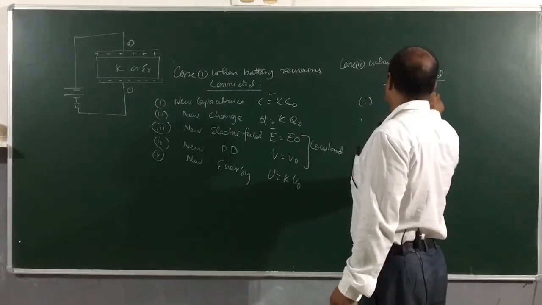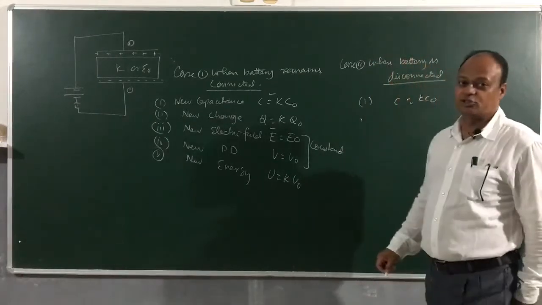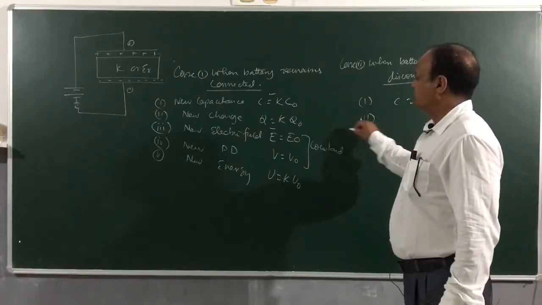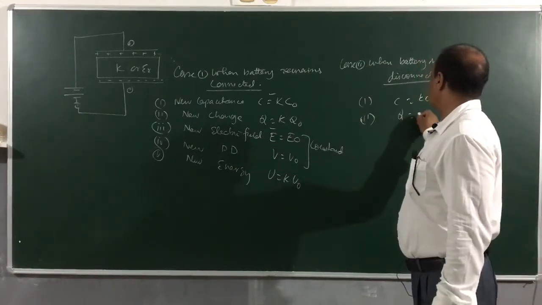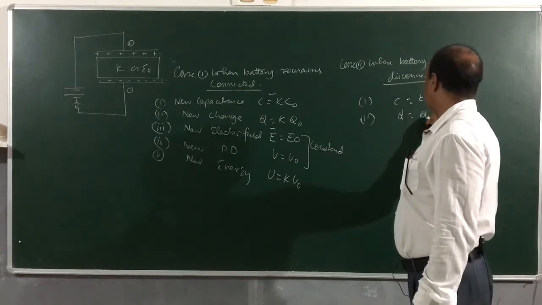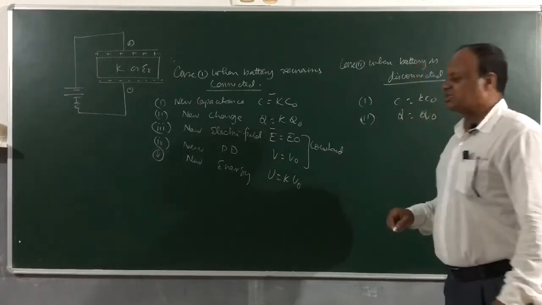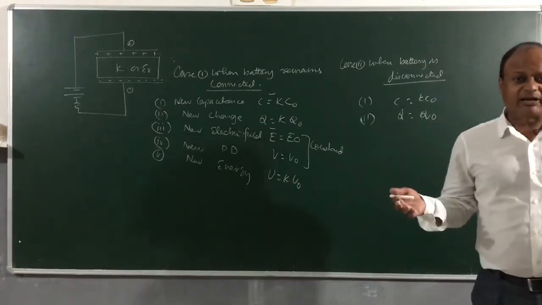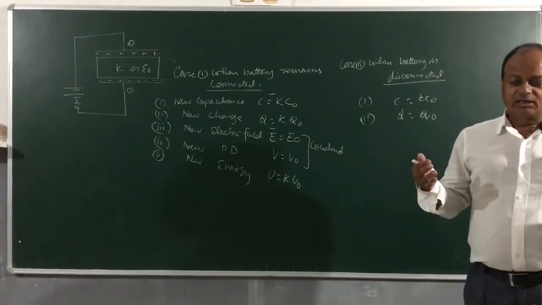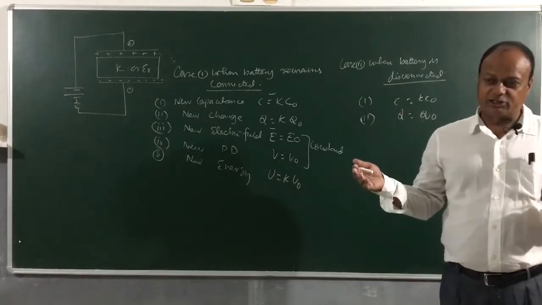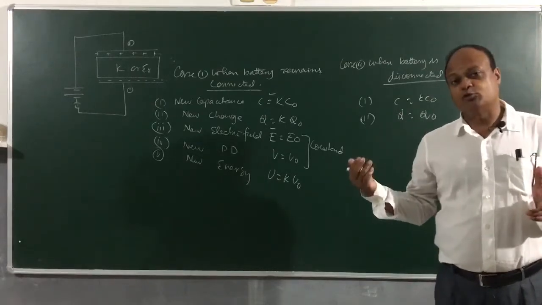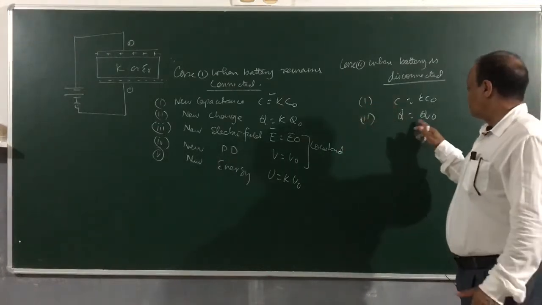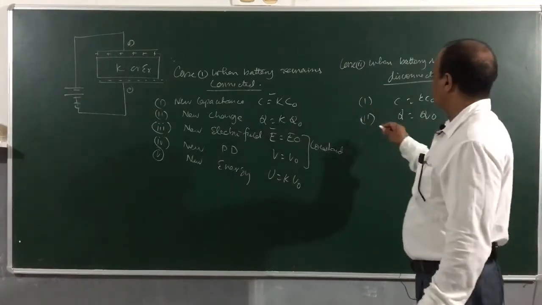First one, C will be K times C0. Number 2, new charge Q will be same as Q0. Why will Q be same as Q0? Because there will be no charging battery. You have increased the capacitance of the capacitor, but the capacitor will require more charges and there is no charging battery. I have removed the battery, so remember Q will be equal to Q0.